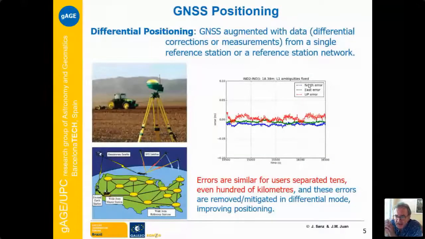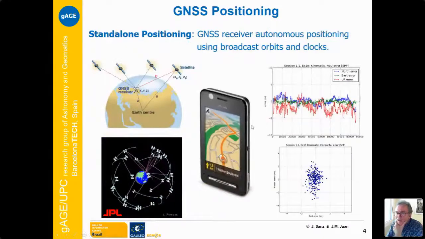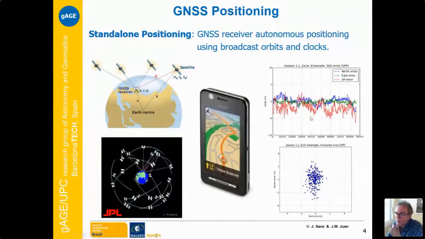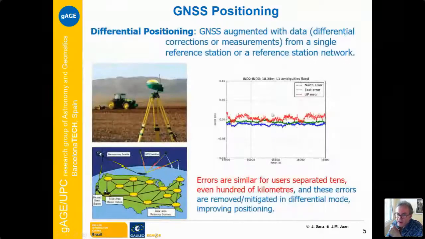The highest accuracy we can achieve is in differential positioning, and using not only differential positioning but also carrier phase measurements. Along this presentation, we will remember what code-based measurements or carrier phase-based measurements mean.